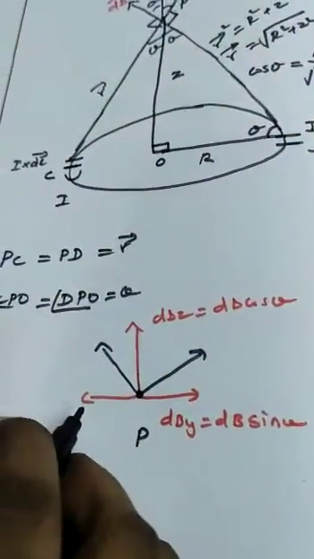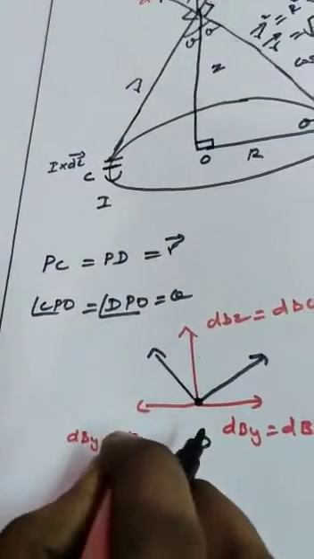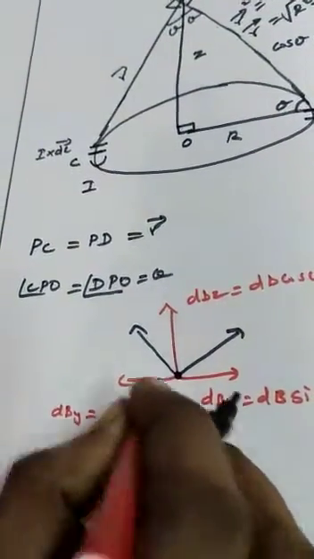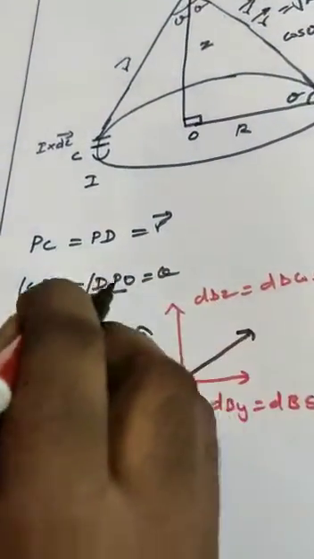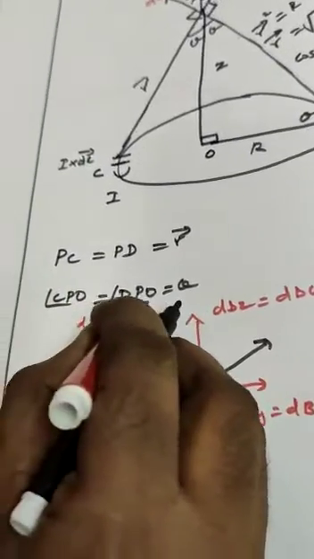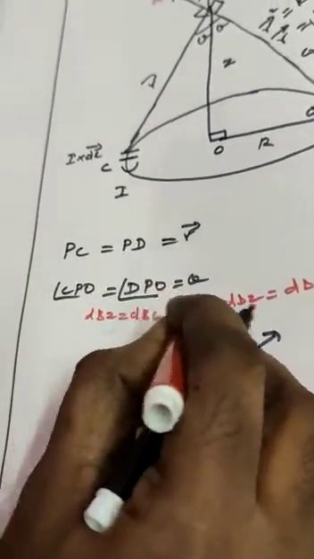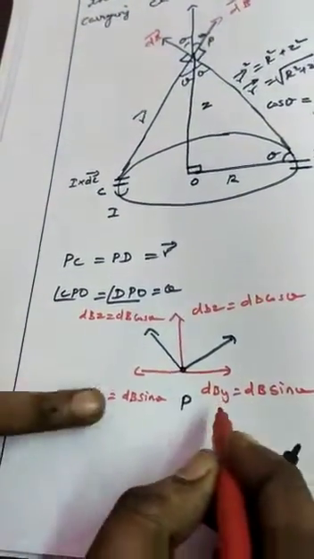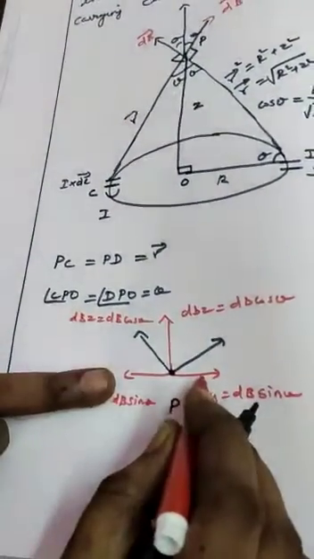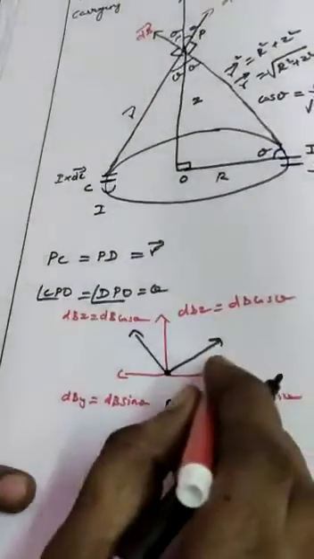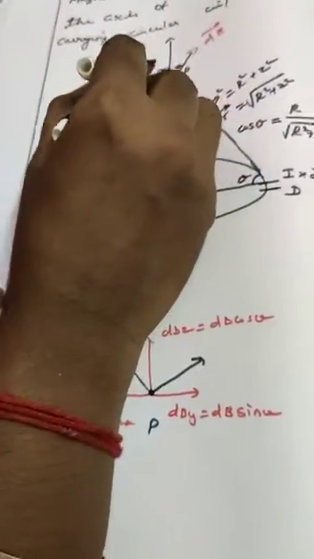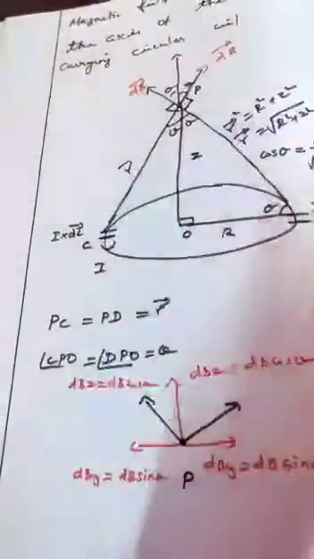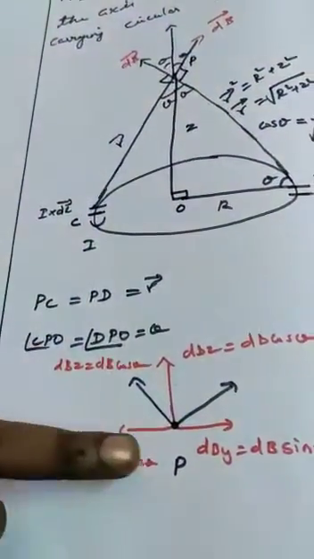So horizontal is dB y equal to dB sin theta, and vertical is dB z equal to dB cos theta. Here dB sin theta and dB sin theta are equal in magnitude and opposite in direction. They will get cancelled.